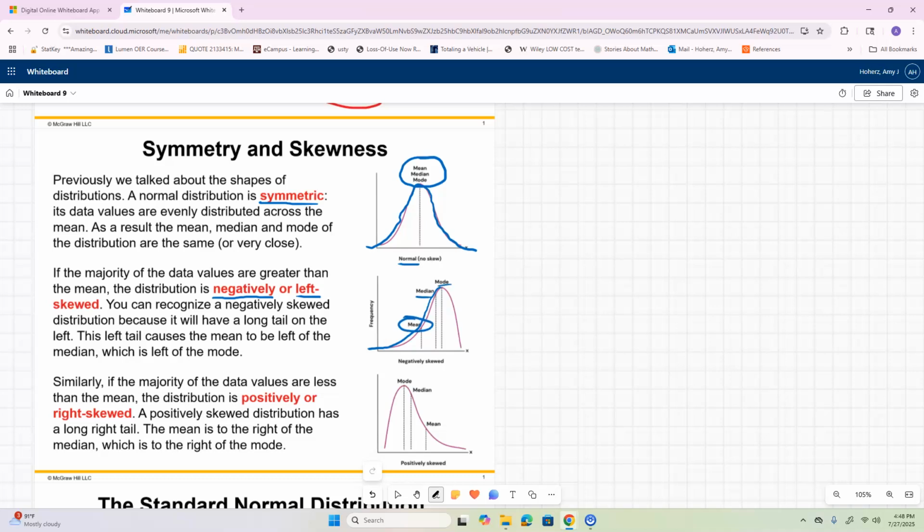The median actually ends up being in the middle, which makes sense. The mean gets pulled down, and then the mode remains above that, because that's the most often. So the median gets pulled down a little bit, and the mean gets pulled down more drastically.